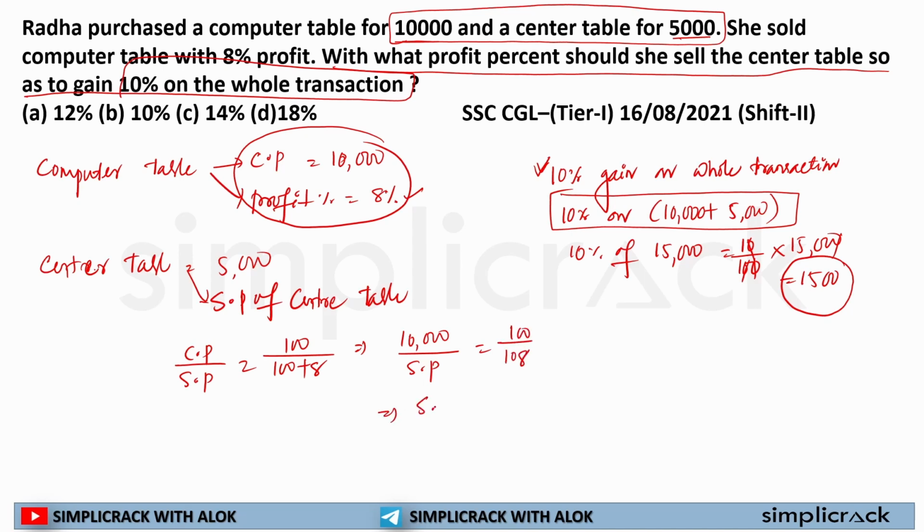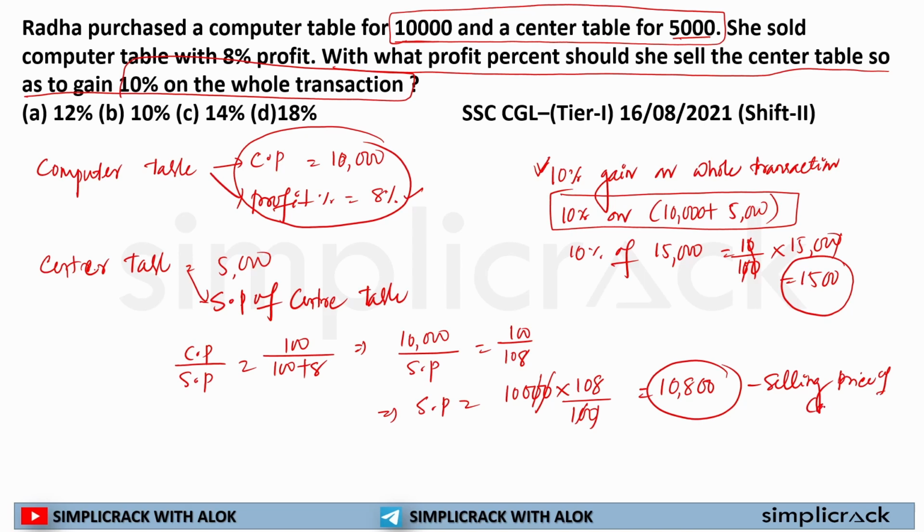So if I solve it, selling price will be what? 10,000 multiplied by 108 divided by 100, 0 will cross out, it will be 10,800. 10,800 is the selling price of computer table. Now it is saying total gain should be 1500.